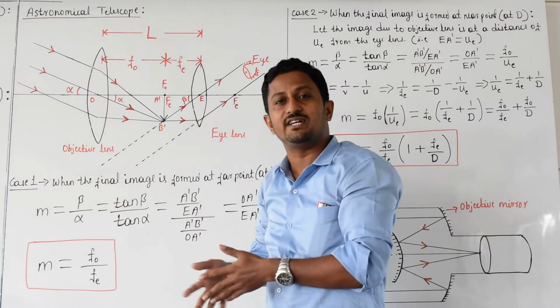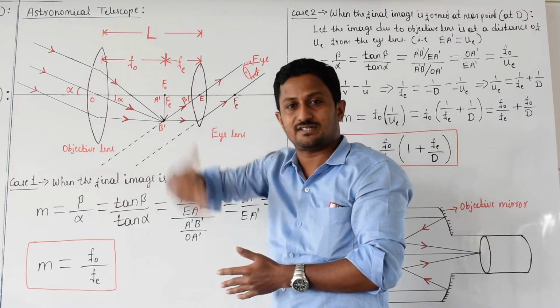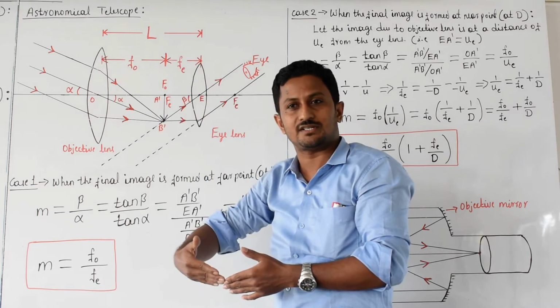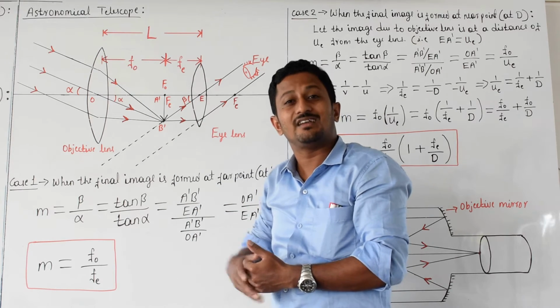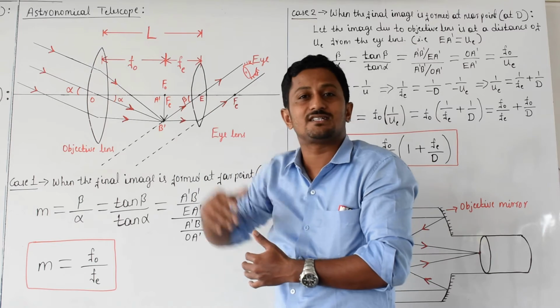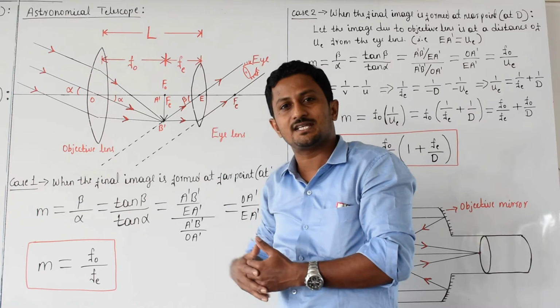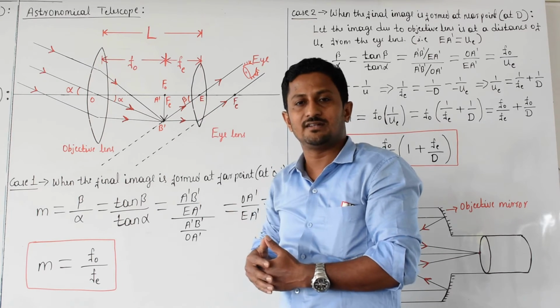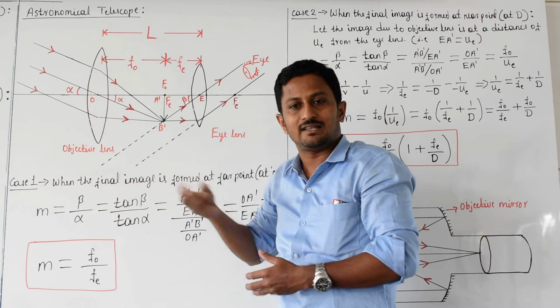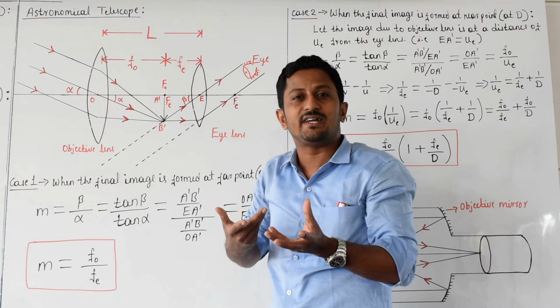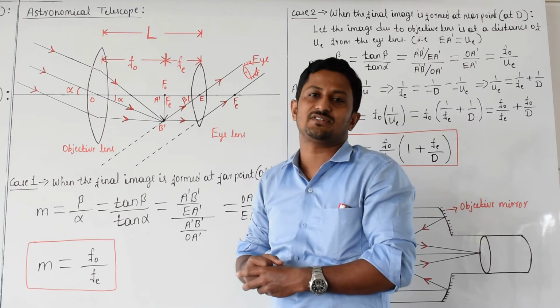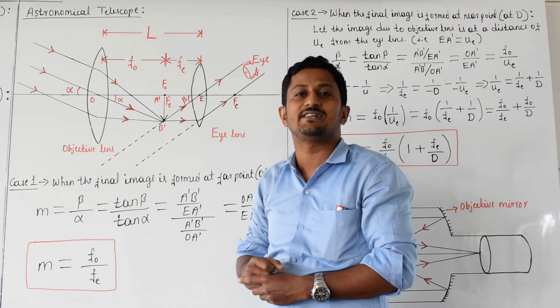That's why here we need a greater aperture to catch the maximum light rays from that distant object. If we catch more light rays, they gather and the intensity of the image will be more, then we get a clear vision. We can see it clearly.